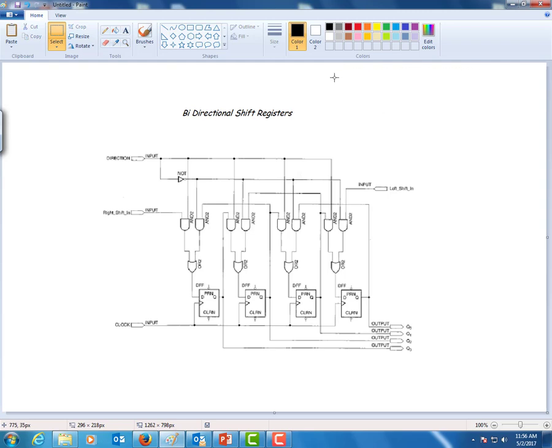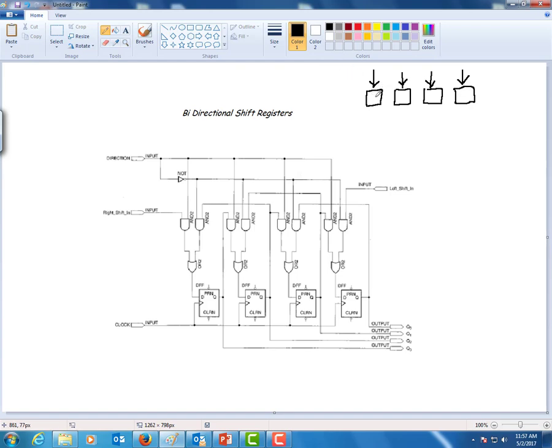Now, let's talk about another kind of shift register. Suppose we have a shift register like this. Don't worry about the inputs or outputs here. Just suppose we have data feeding each one of these. It's not coming from the flip-flop to the left of it, and it's not coming from the flip-flop to the right of it. It's coming from another source. And you clock pulse it once.